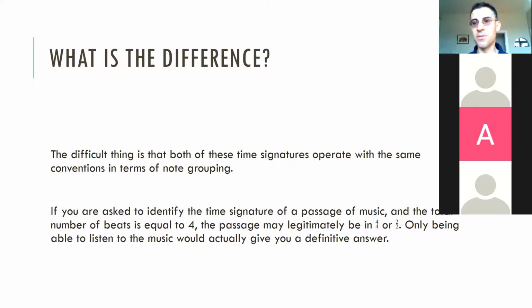You could put either of those answers and they would be correct. The only way you'd be able to tell the difference is if you were actually listening to the music, and if it was fast, you would know that it was 2/2, and if it was moderate or slow, you'd be able to say it's 4/4. But since these written assessments don't have a hearing component, if you wrote 2/2, that would be correct, or if you wrote 4/4, that would also be correct.